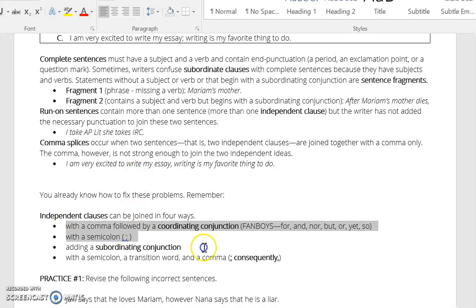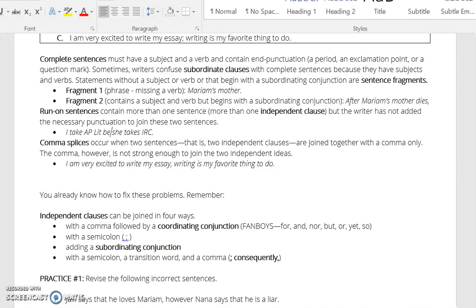I have 4 different options that we went over last week. I can do a comma and a conjunction. So I could say, I take AP Lit, comma, but she takes IRC. That would be great. I could also just put a semicolon. I take AP Lit, semicolon, she takes IRC. Now those are correctly punctuated. I could add a subordinating conjunction.